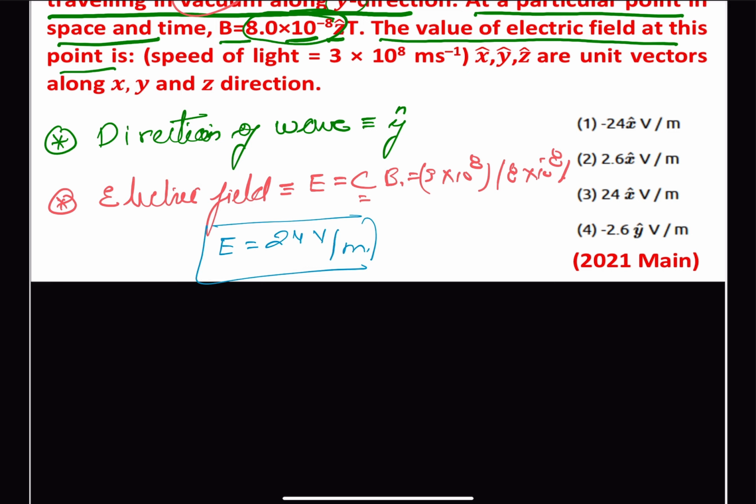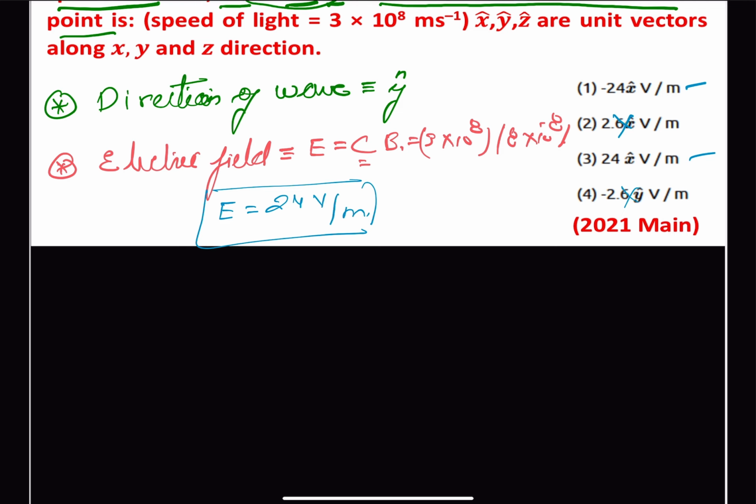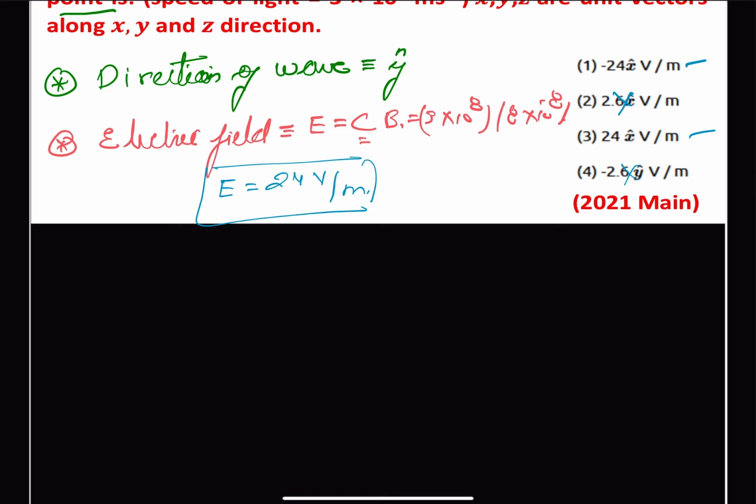So the option possibility is first and third is the correct one. Second and fourth are wrong. We are going to find out whether it will be negative x-axis or positive x-axis. For that we are going to use that all three components: electric field, magnetic field, and the wave vector, sorry, not propagation vector, are perpendicular to each other.